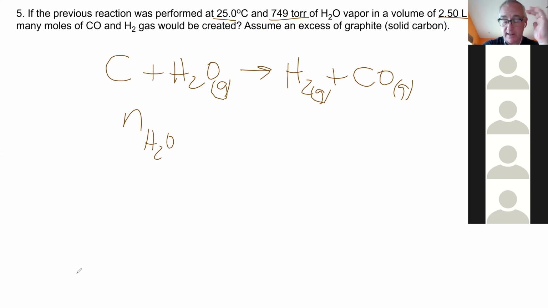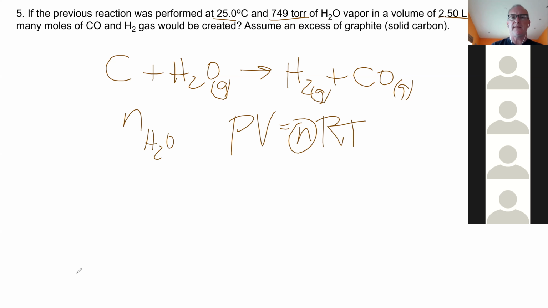We convert the temperature to Kelvin. Right, so I'm just going to use the gas law, PV equals nRT, and I need to solve for n. So what's my temperature going to be? 25, so it's 298.15 Kelvin.